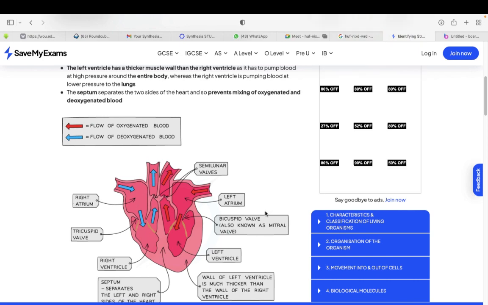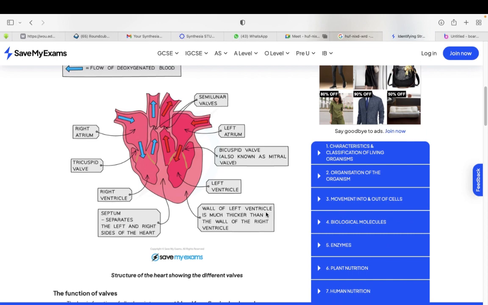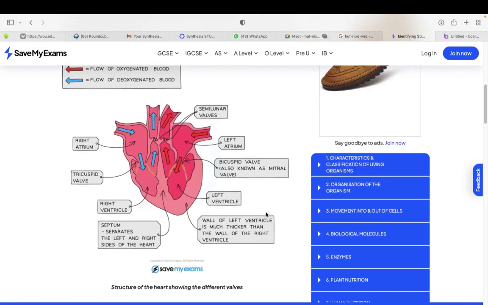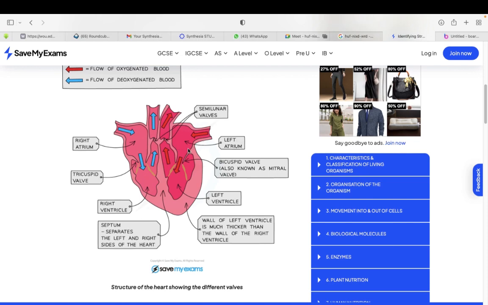So now let's take a look at what we have next. We've talked about the left atrium. This is the left atrium. It's just above the ventricle.